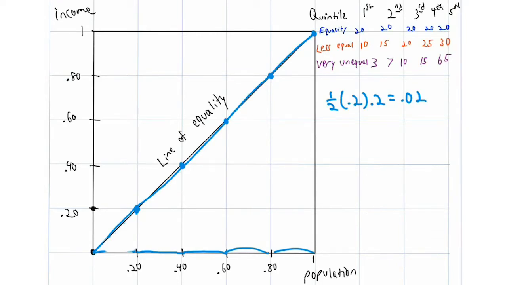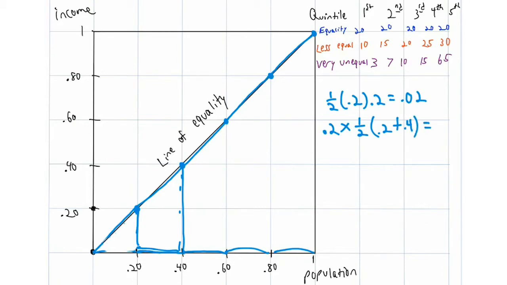So the calculation for the second quintile is 0.2 is the width times, well, it's not a height of 0.2, it's not a height of 0.4, it's halfway in between there. So we are going to multiply that times 1/2 times 0.2 plus 0.4.